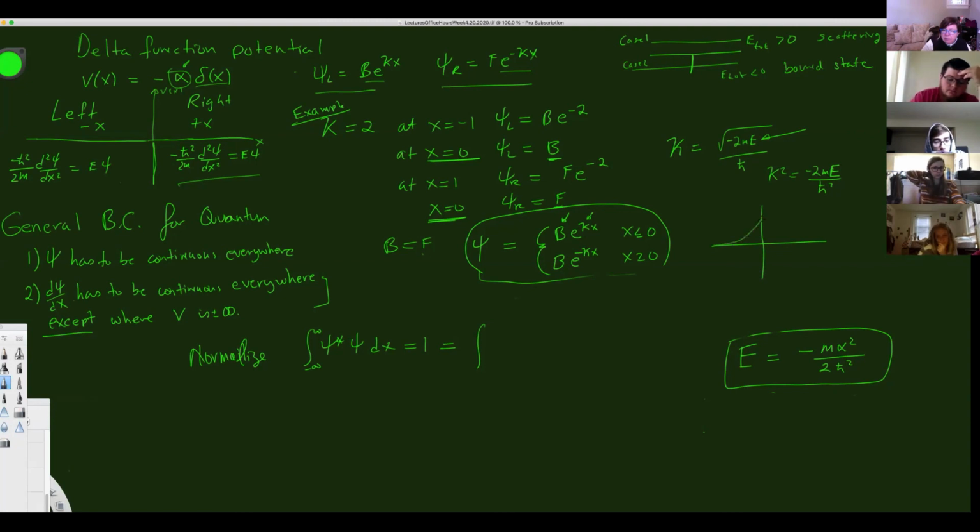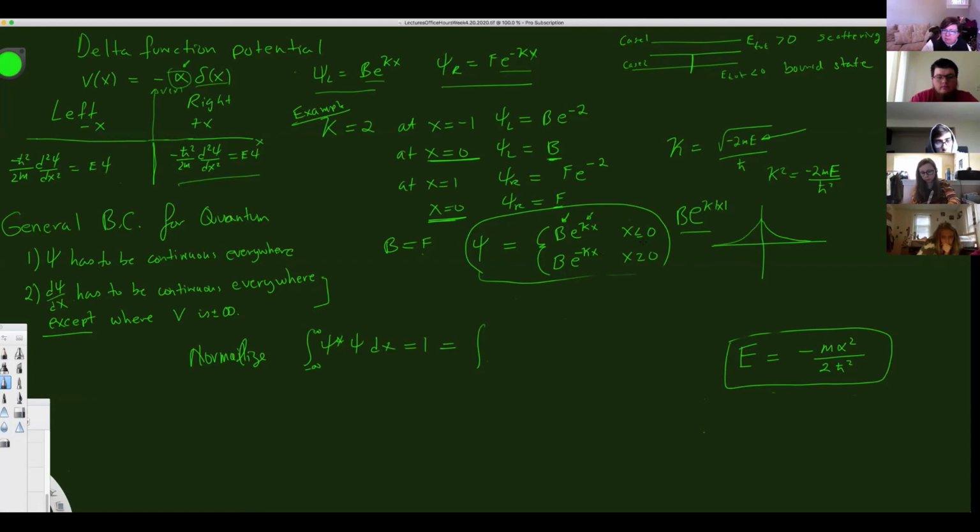It goes up to b, and then it's exactly the same function over here. It's literally like a little mirror image. So you could write psi is e to the kappa times the absolute value of x, times b. You can totally write that, and for our purposes it's a good idea to do that, just so you can think about it, because you might wonder which one of these to use.